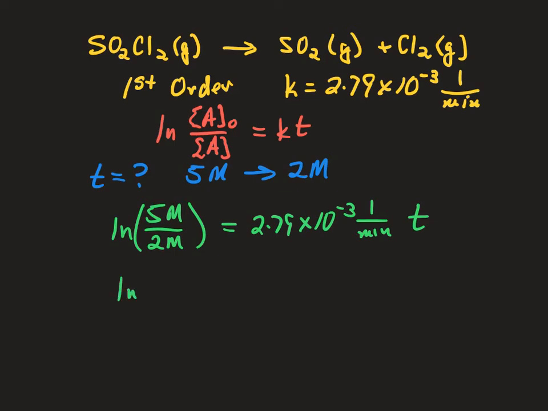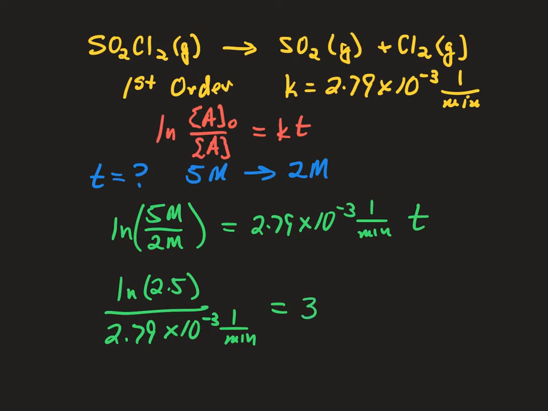So the natural log of 2.5, if we do our division, leaves us unitless there, divided by 2.79 times 10 to the minus 3 per minute would give us 328.5 minutes, which would be our elapsed time.